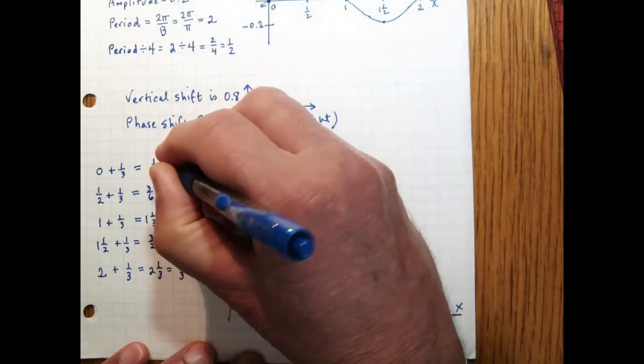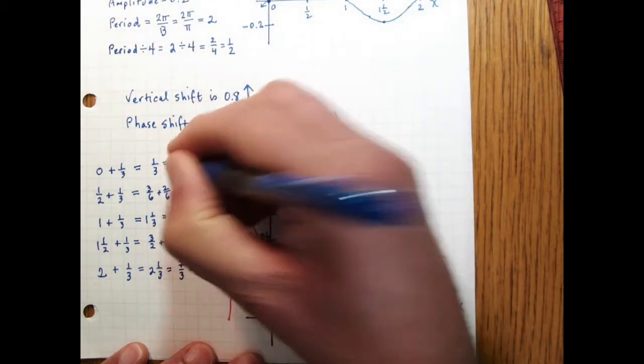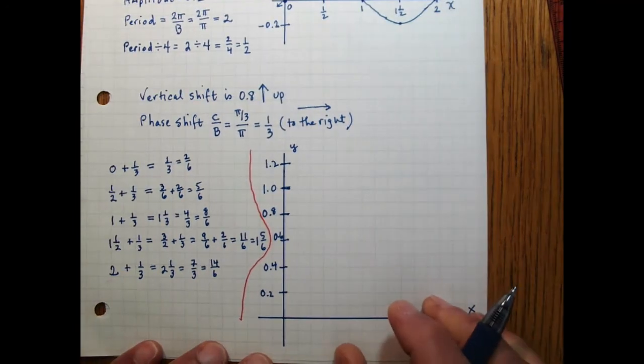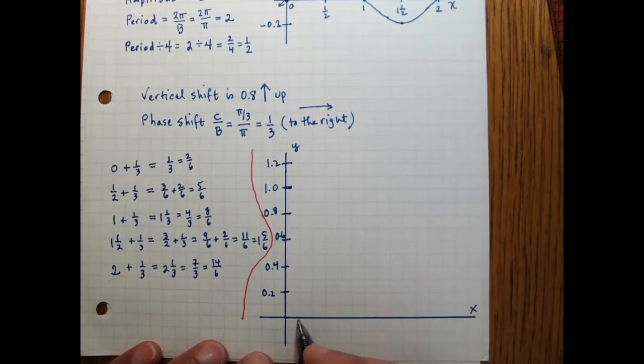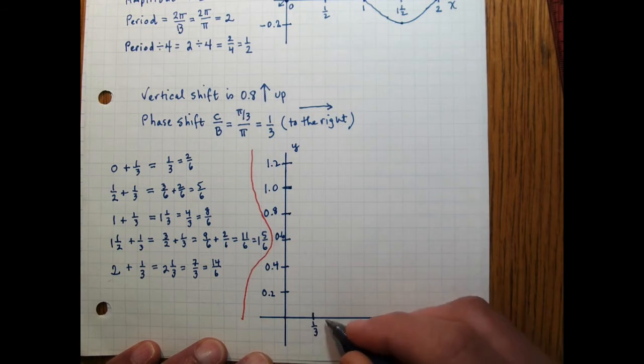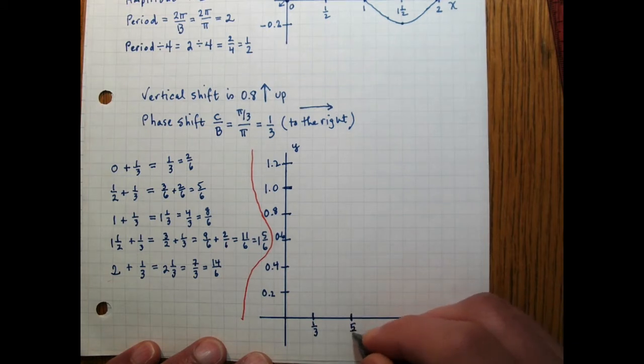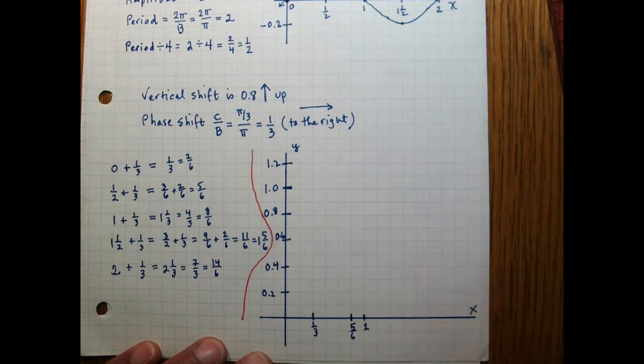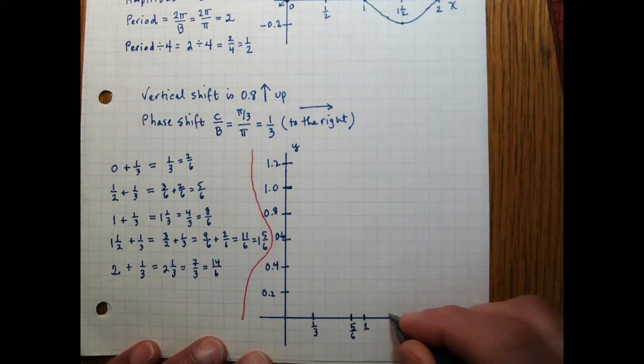Now, it's kind of easier to think in terms of sixths here. 1/3 is the same as 2/6. And what I'll do is I'll think of each square going across as a sixth. So 1/6, 2/6, that's where a third is going to be. 3/6, 4/6, 5/6 is here. 6/6 would be next. That's one whole. I don't need it, but I'm just marking that here. 7/6, 8/6.